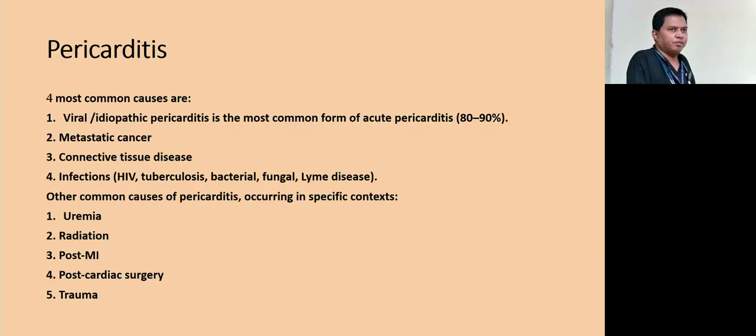Then post cardiac surgery, cardiotomy, during CABG, they also can have pericarditis and pericardial effusion. Direct injury to the heart, blunt trauma, can cause pericarditis. And aortic dissection can also cause pericarditis and pericardial effusion.